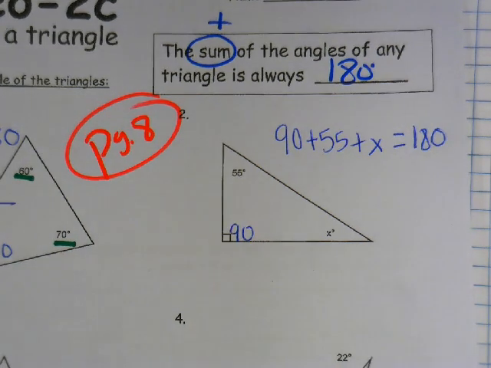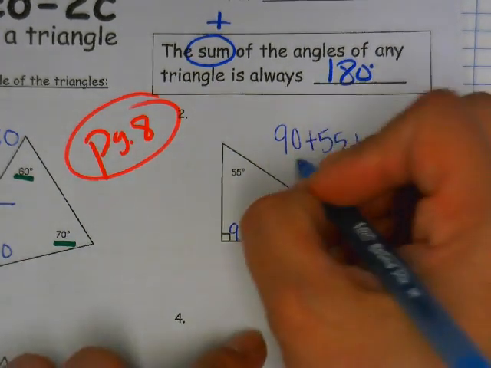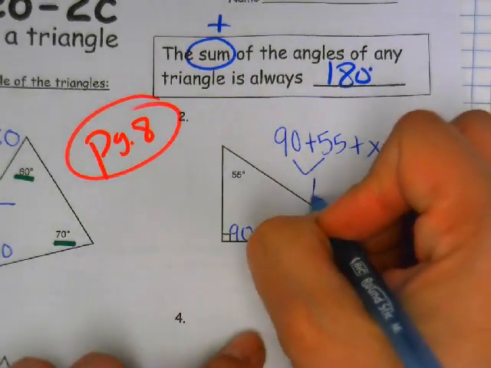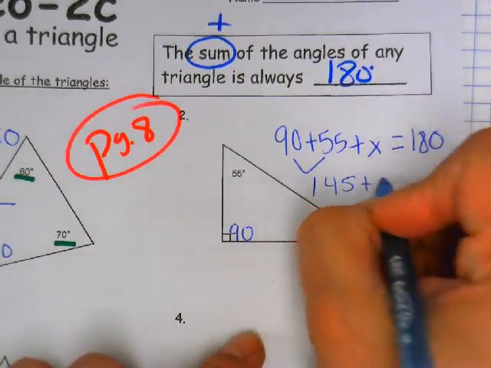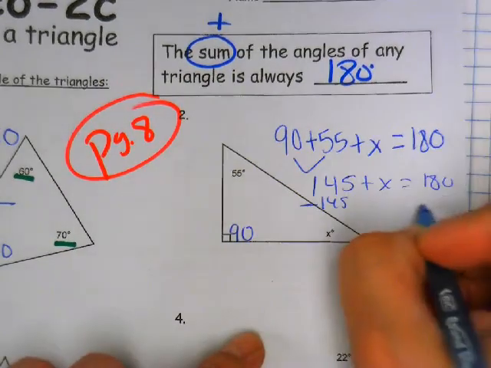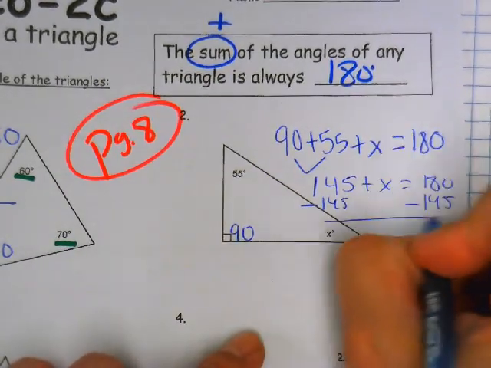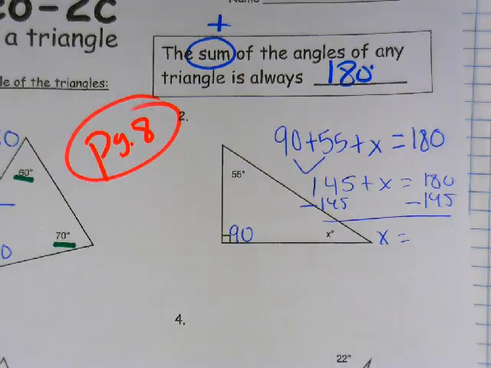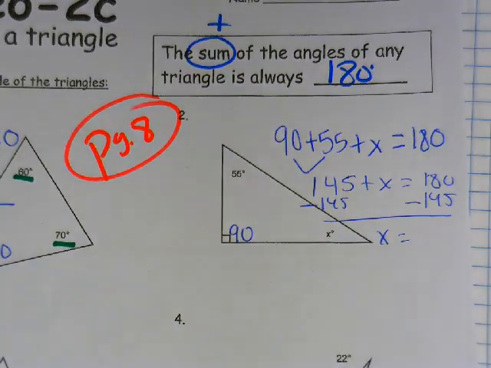Okay. What's 90 plus 55? 145 plus x equals 180. So I have to subtract 145. So 180 minus 145.